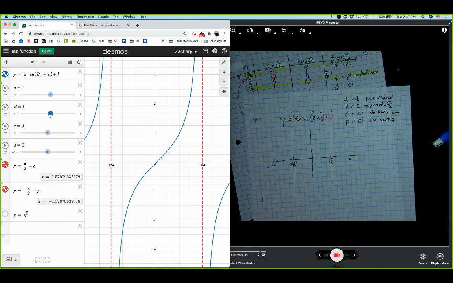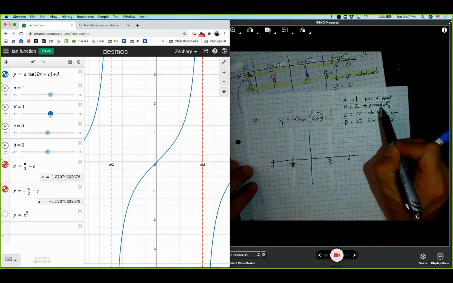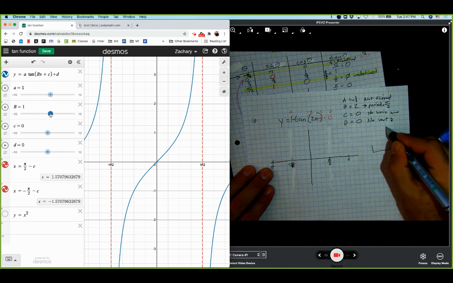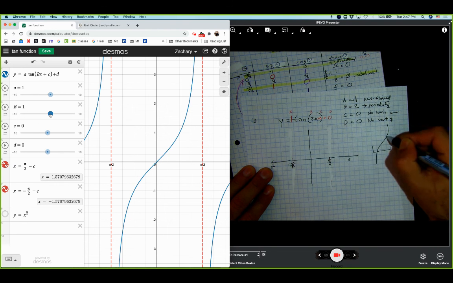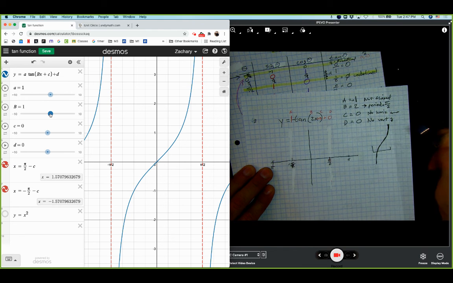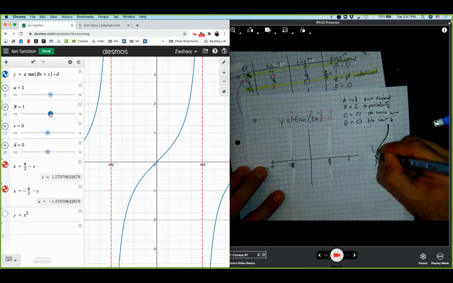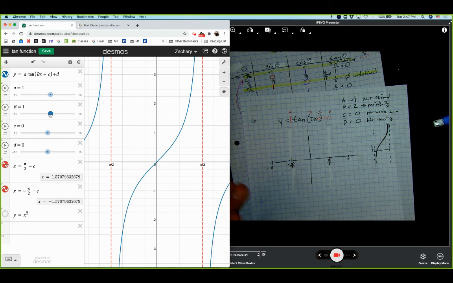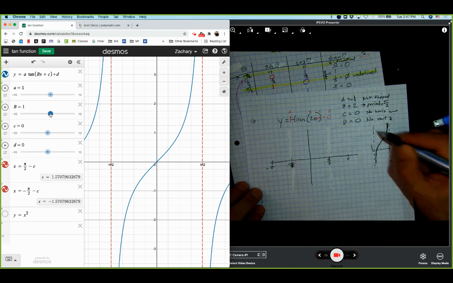One thing that I misled right here is that based on the period, based on how wide this tangent looks, that also dictates where our asymptotes are going to be. So just because it didn't move up or side to side, it's still right.